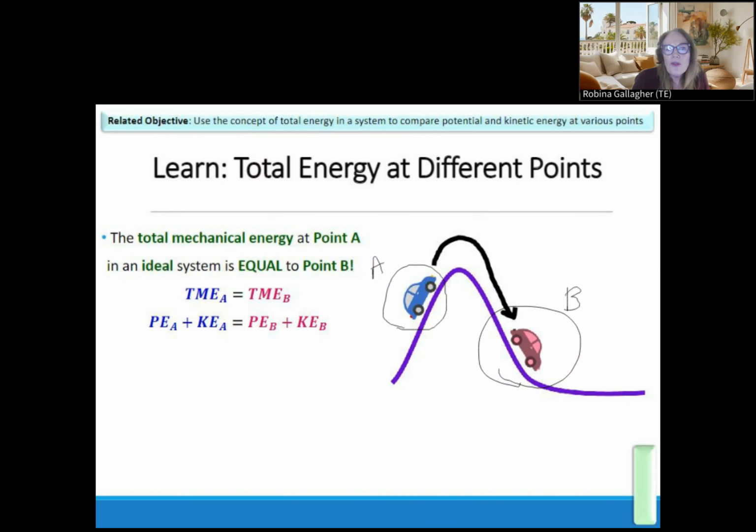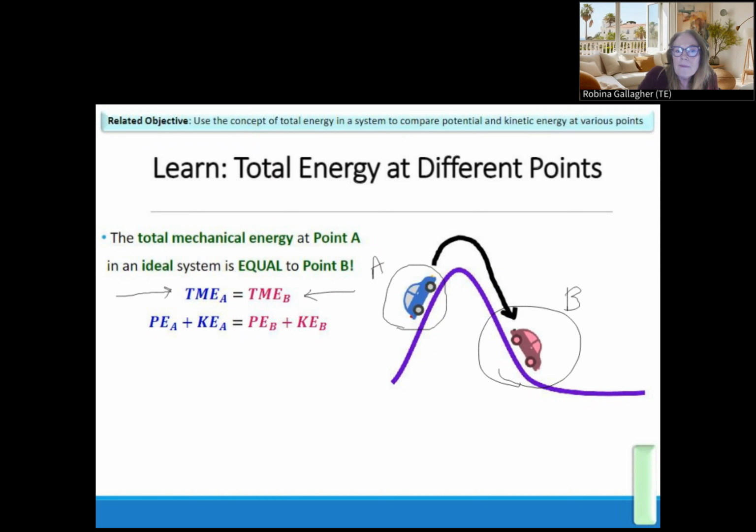Okay, so that allows me to write this equation that the total mechanical energy of this car on the side of this hill is equal to the same car on the opposite side of the hill.